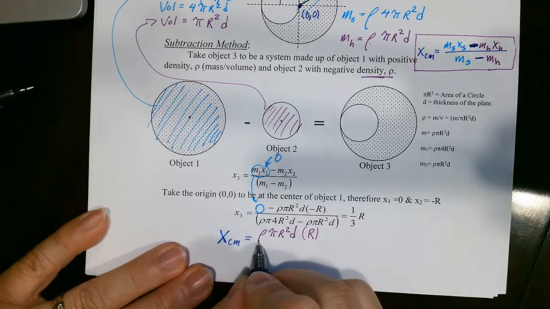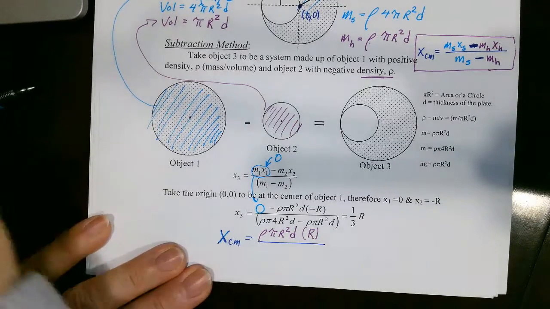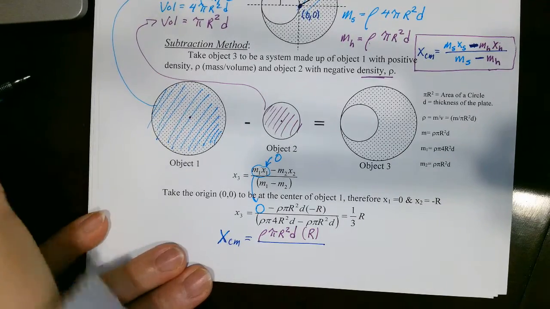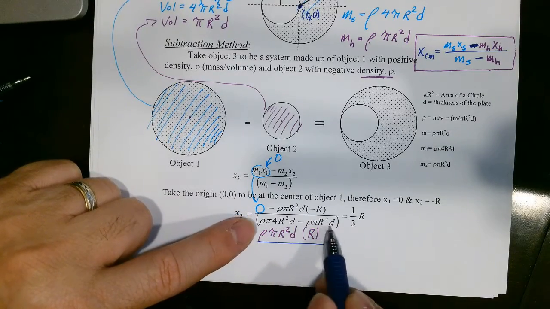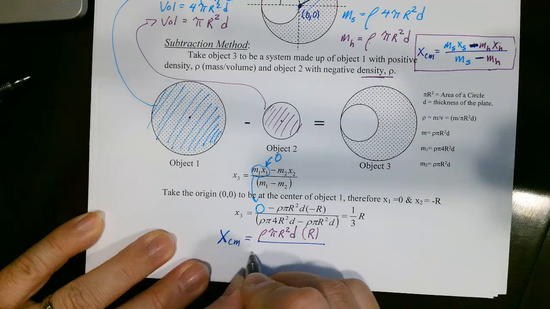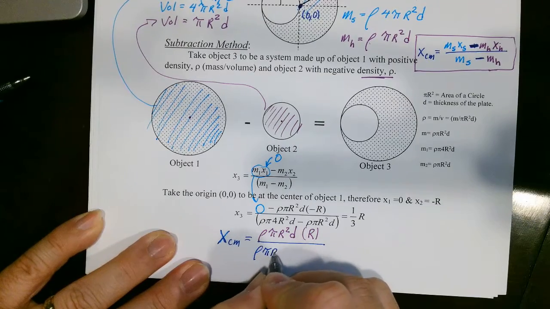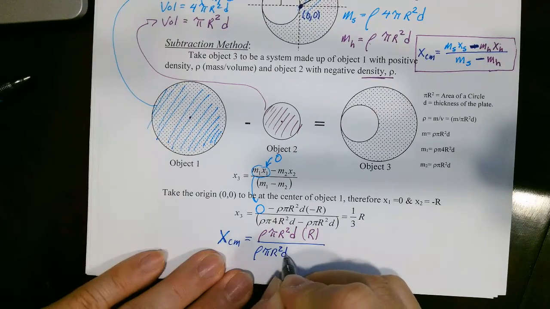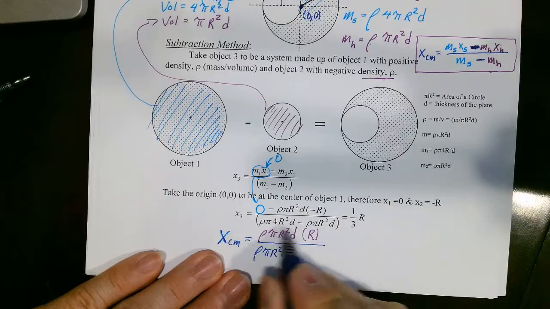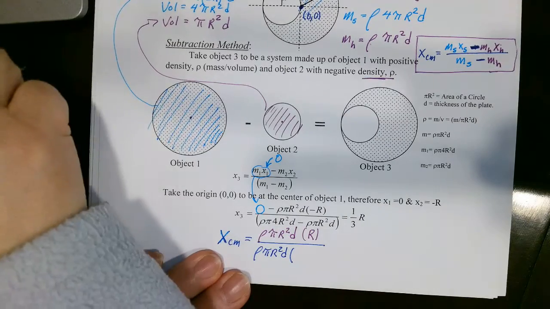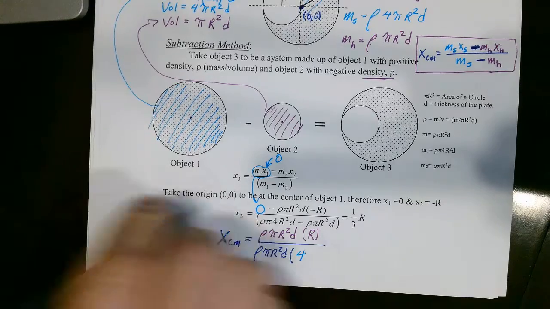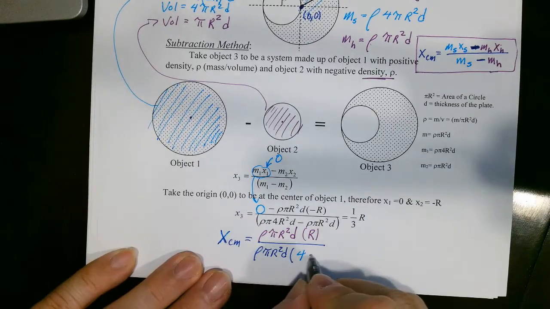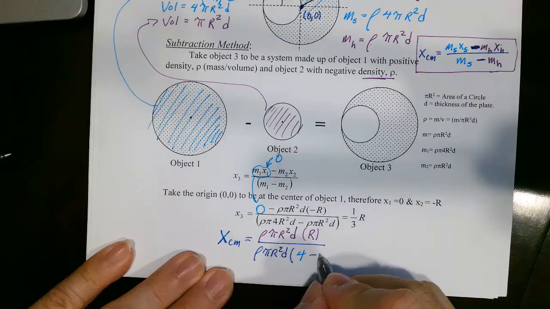Divide that by, if I factor out the rho pi r squared d from both of these, I get rho pi r squared d. Then if I factor that out, what do I get? I get 4 left over here minus 1 left over here.